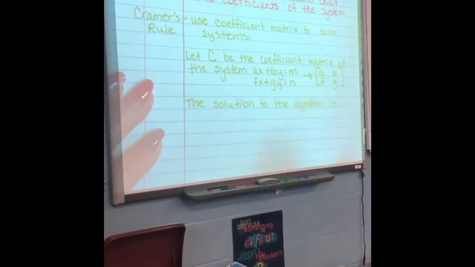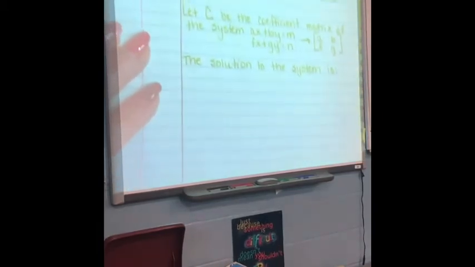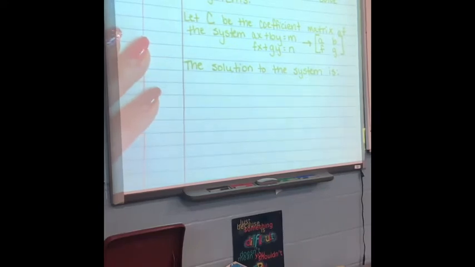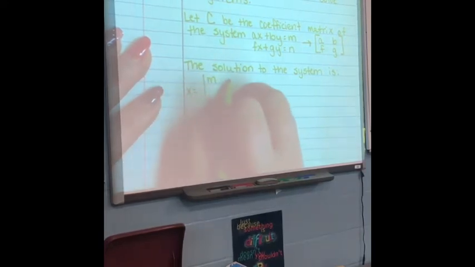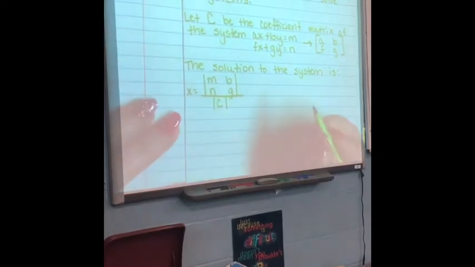And the solution to the system, still think about solutions to systems are where two lines do what? Intersect. And so if we're looking for where two lines intersect, we're looking for the X and Y coordinate. So my X is equal to the determinant of M, B, N, G divided by the determinant of the coefficient matrix.